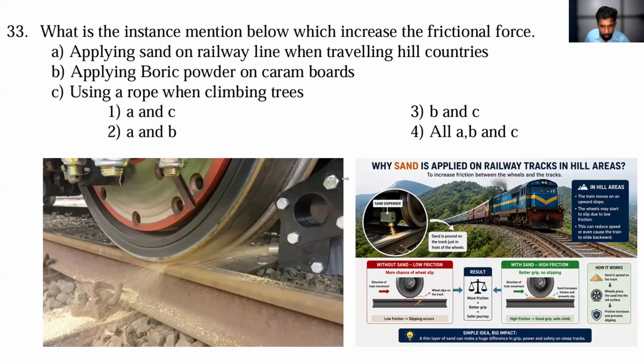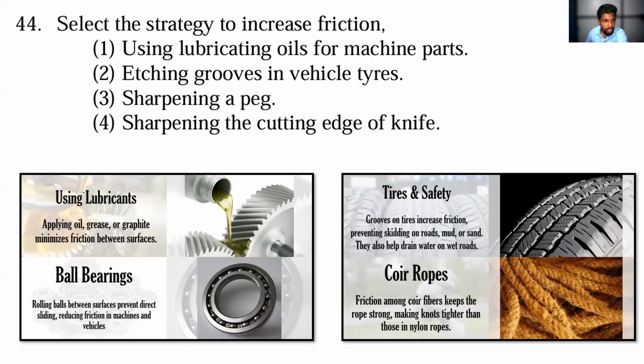We'll discuss the questions, Bilal. Khadija Fahmi, yes, very good. That is the answer. You may remember, Bilal, just before we had discussed how to increase the frictional force and how to decrease the frictional force. Regarding the coir ropes and all, I explained that one, right?